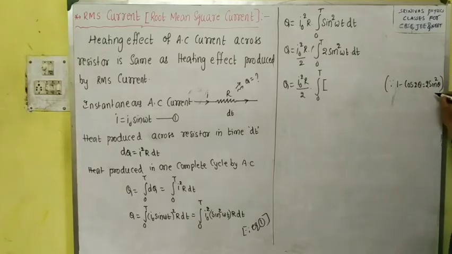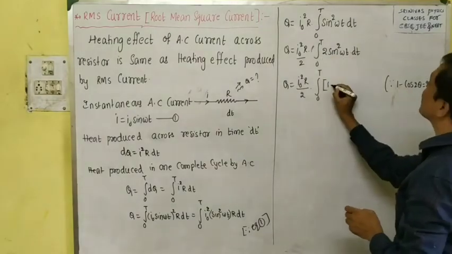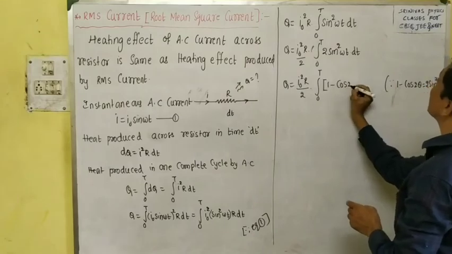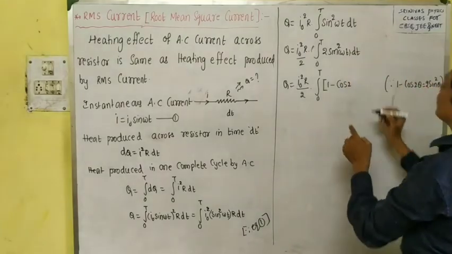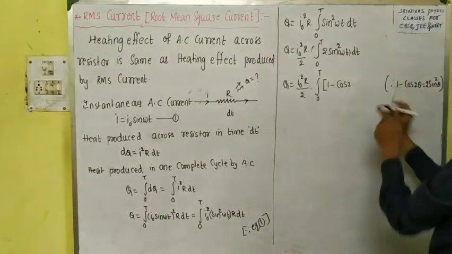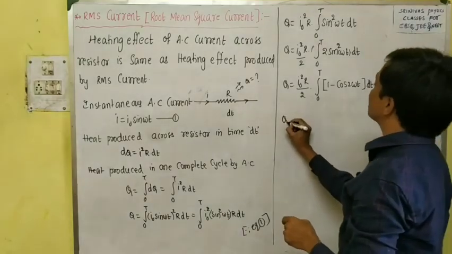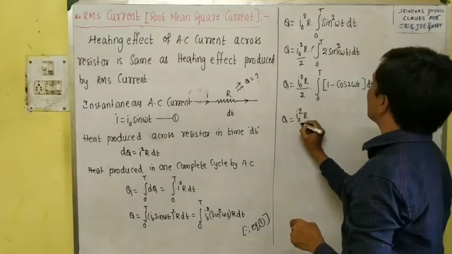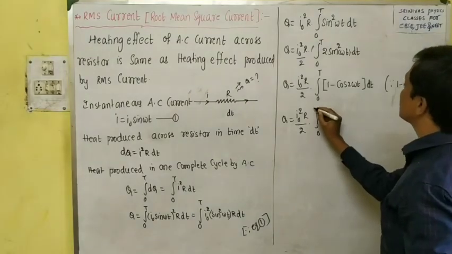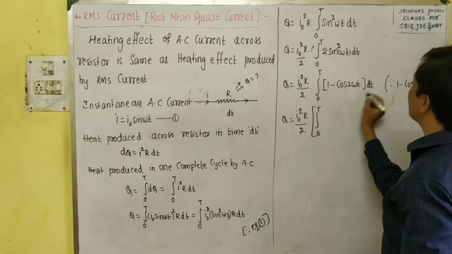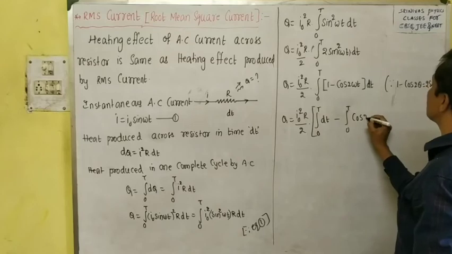Here 2 sin square theta we write as 1 minus cos 2 theta, where theta is omega t, so 2 theta is 2 omega t, into dt. So q is equal to I naught square R by 2, integration 0 to T of 1 into dt minus integration 0 to T of cos 2 omega t dt.